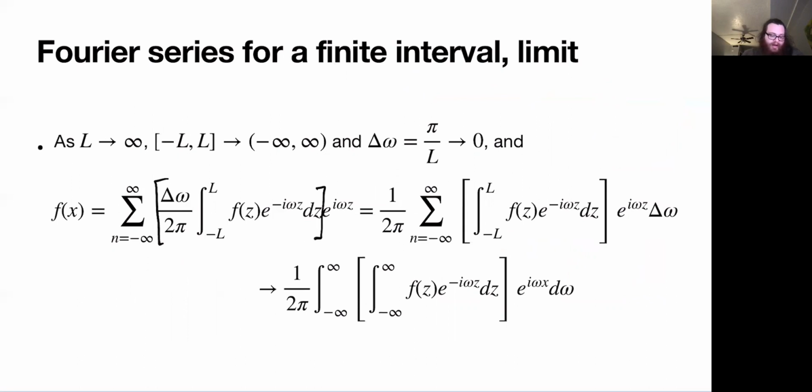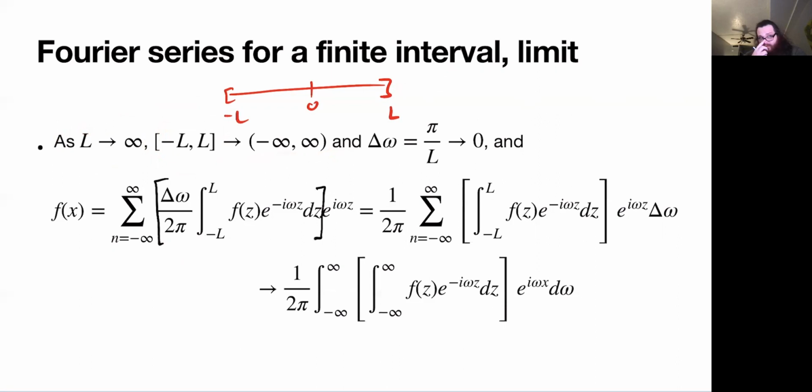So what happens is L goes to infinity. If we have some interval from negative L to L, as L goes to infinity, these boundary points keep going off to infinity, so our finite interval tends towards the infinite interval.